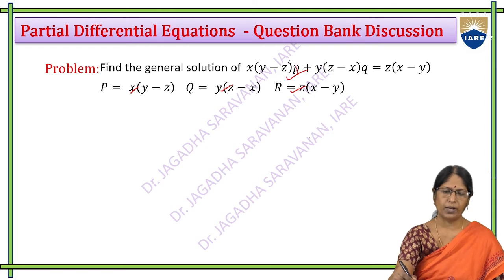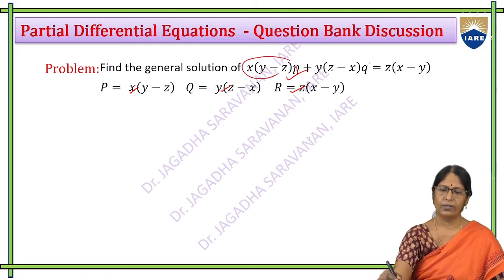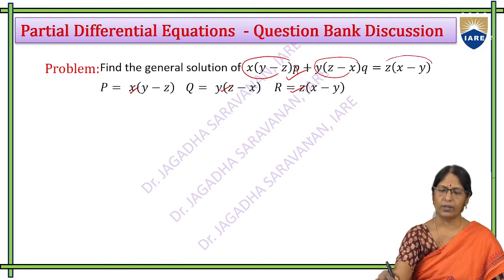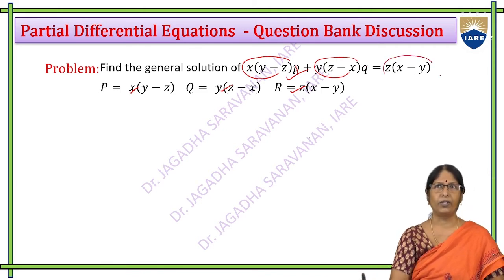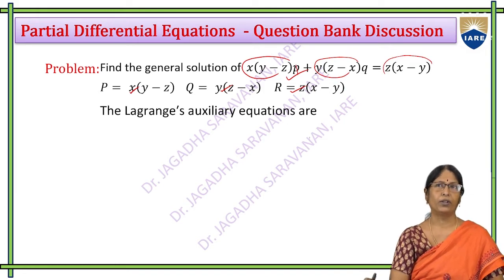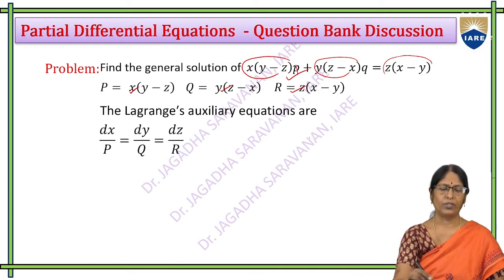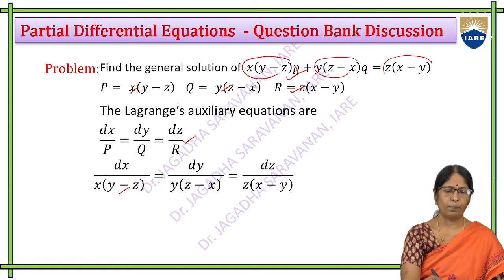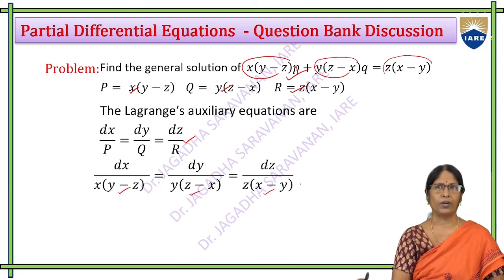This is P, meaning the left is capital P. This is Q, the left is capital Q. And the final one is capital R. If the given question fits our Lagrange's linear equation, then we move to the next step, the auxiliary equation. So these are the Lagrange's auxiliary equations. At the particular places, we are substituting P, Q, R.